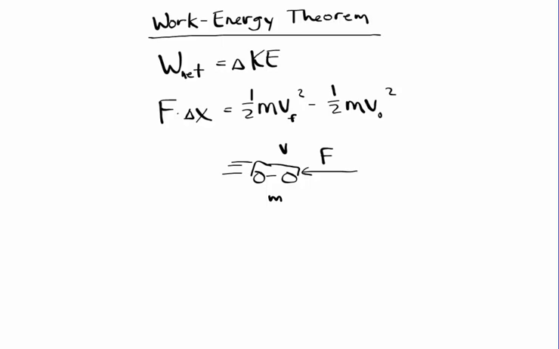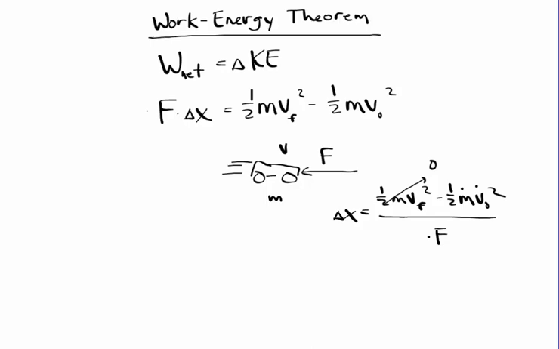Taking this relationship and solving for the distance, we get the change in kinetic energy over the force. If we're stopping this car, the final speed is 0. So we wind up with an expression that involves the mass, velocity and force that we were given.